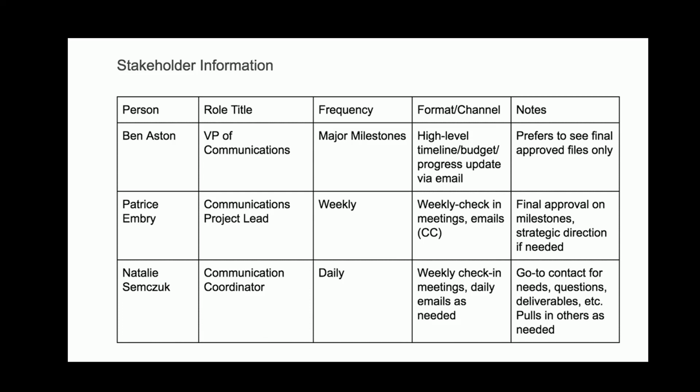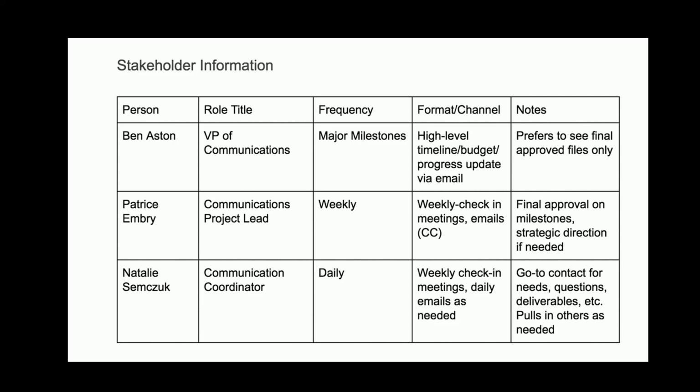Are we on budget? Are we meeting all of our tick boxes for this stage of the project? And actually we're going to be emailing that. So that's probably going to be in some kind of formal report. And as it says in the note here, prefers to see the final approved files only. Okay, so useful extra notes to remind you what you can and what you shouldn't bother sending them.